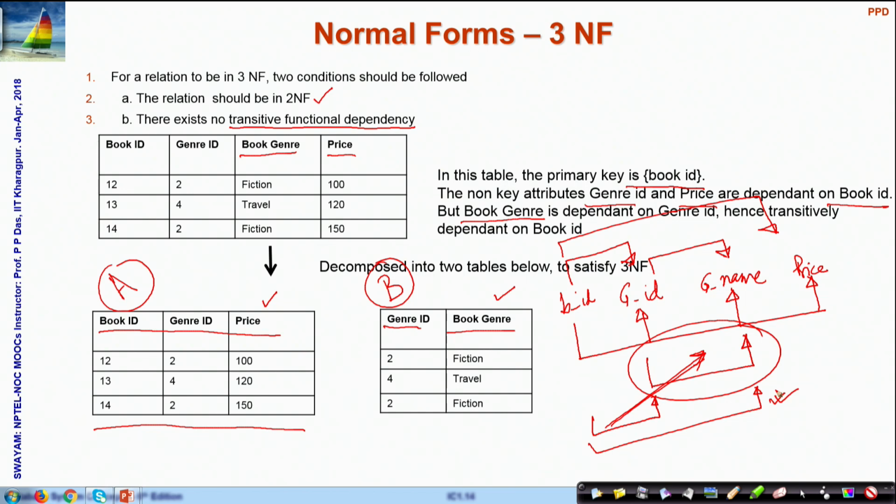Why can it not be directly checked? Because the book ID and the genre name do not occur together in the same table.